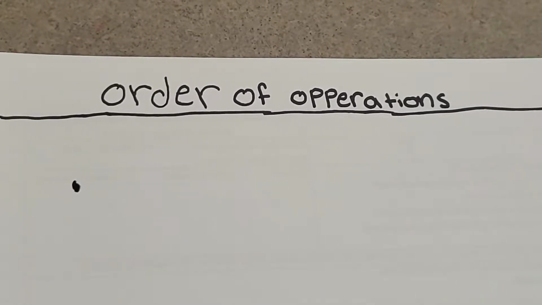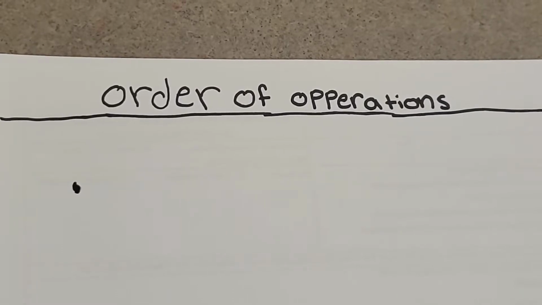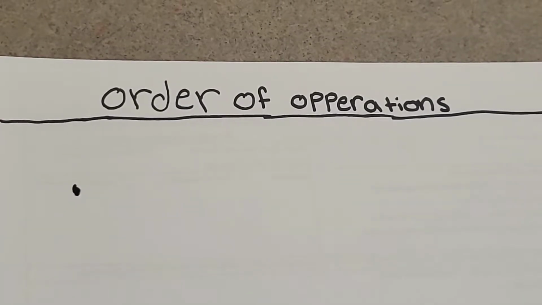So let's just hop right into this. In the real world, when it comes to any sort of task, we have a set way we do the tasks, and it's the same in arithmetic. Before we define the order of operations, let's use an example.